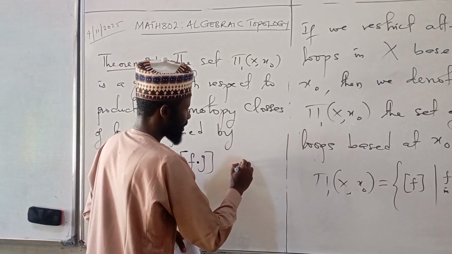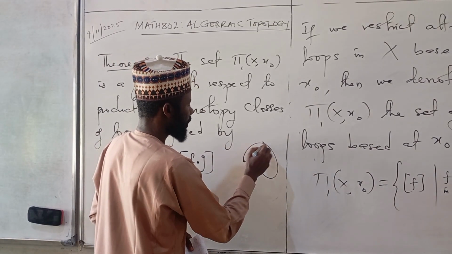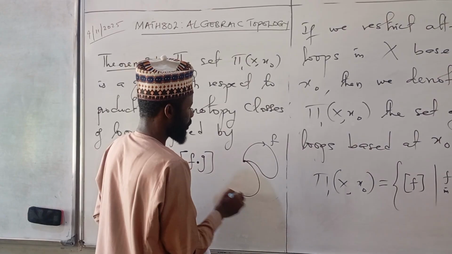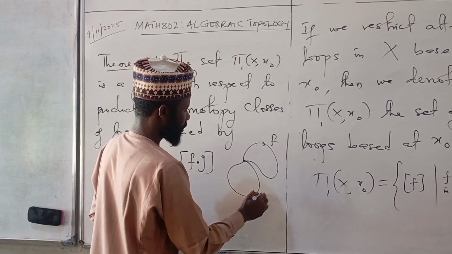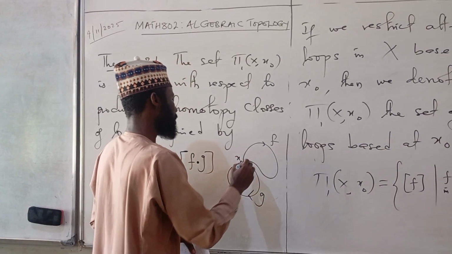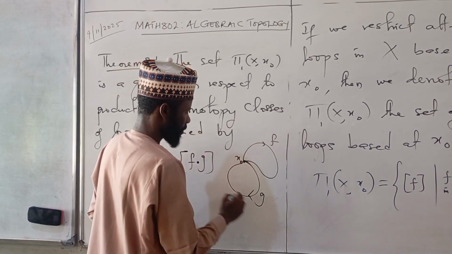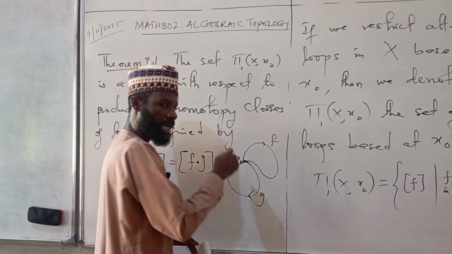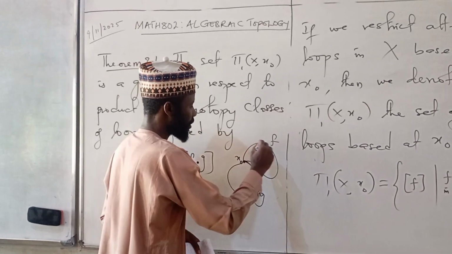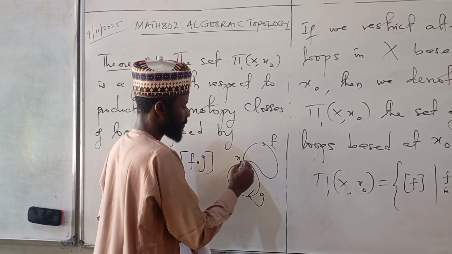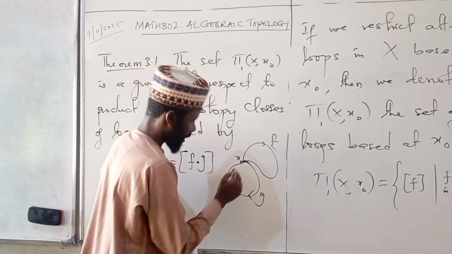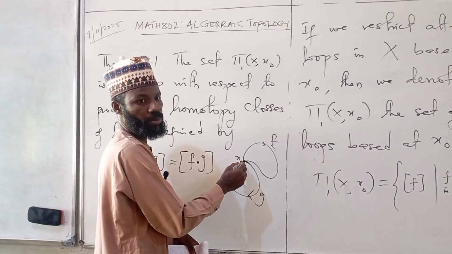So what happens is you have a loop f and you have another loop g based at x naught. The product of f and g is this loop. In the first half of the time it goes around f, and again in the next half it goes around g. So it's a loop.